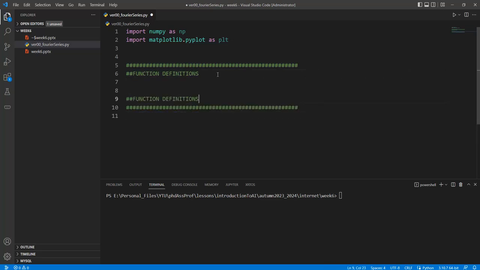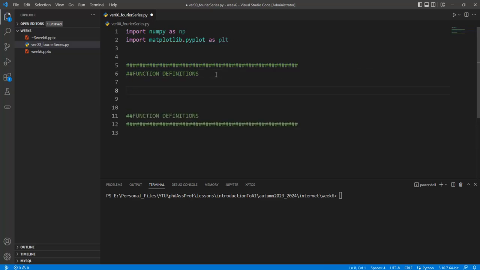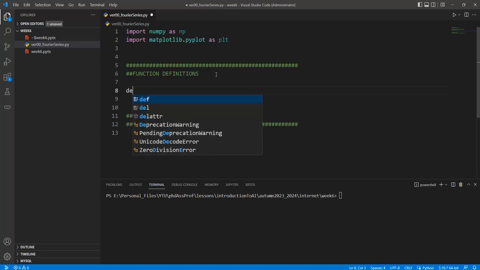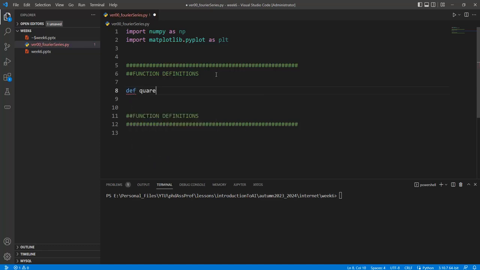In order to build our model, firstly we need to create the square wave by using the time period, frequency, and amplitude value with the initial values of 1.